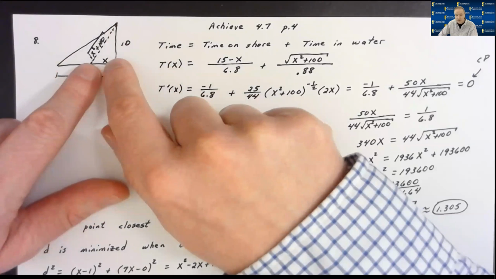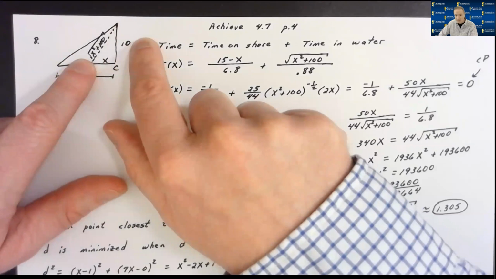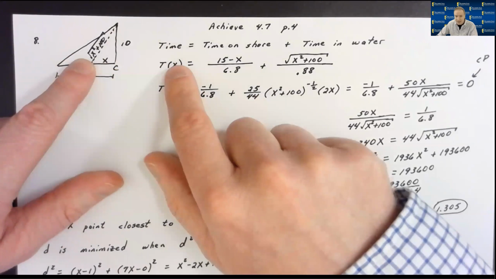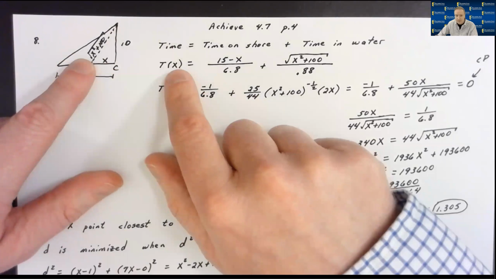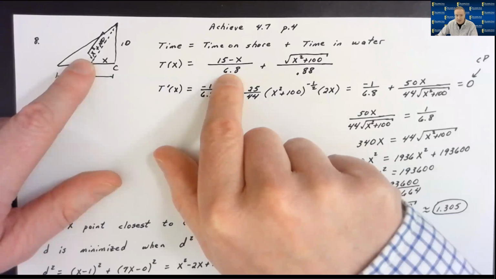And that's simply going to be the square root of this leg squared plus this leg squared. So we say it's the square root of X squared plus 100. Now, the total time traveled with respect to X: the time on the shore is going to be the distance on the shore divided by the rate on the shore.